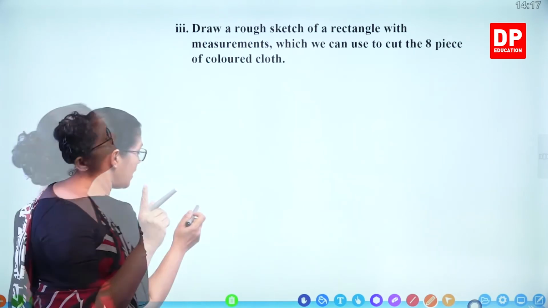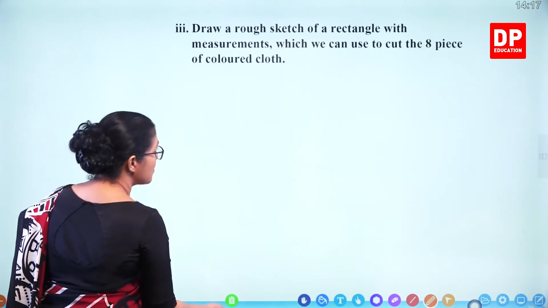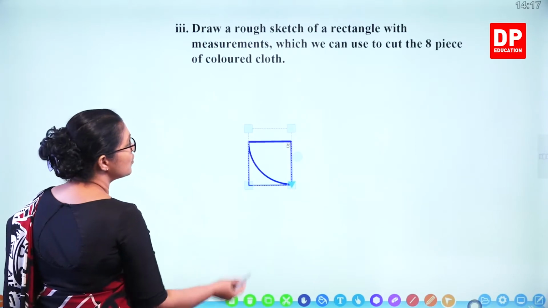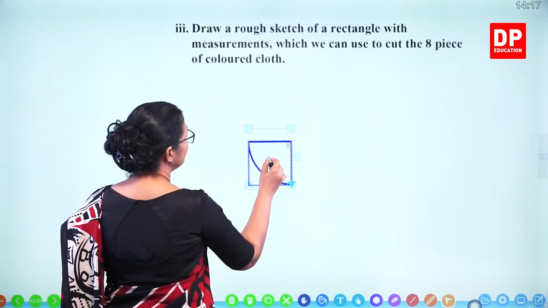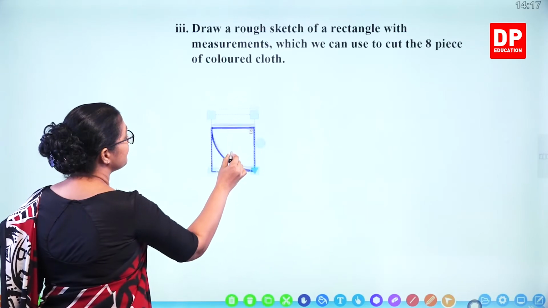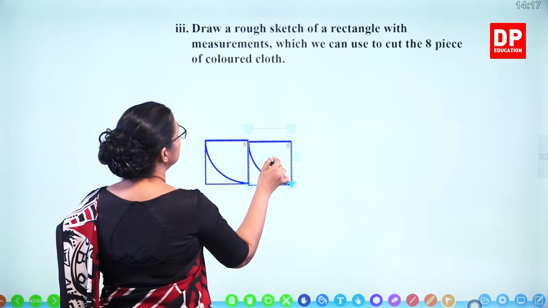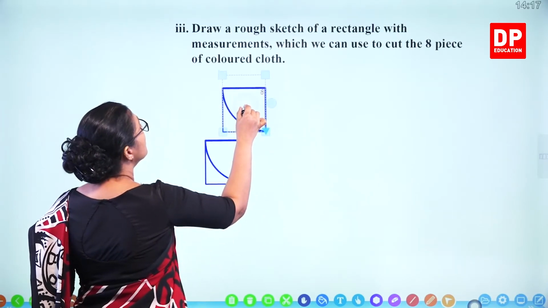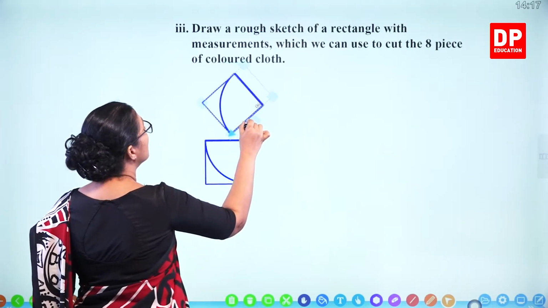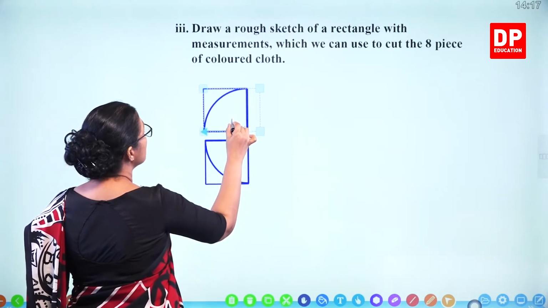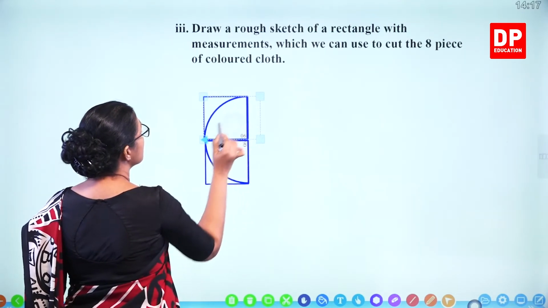cloth. We can take 8 pieces. So we'll try to make, so this is 1. So we can put like this, 2.